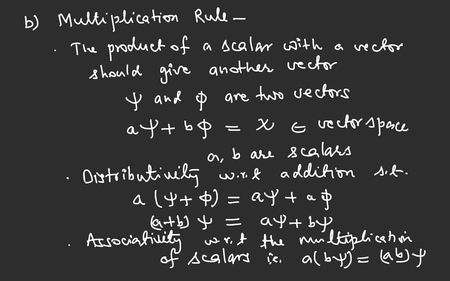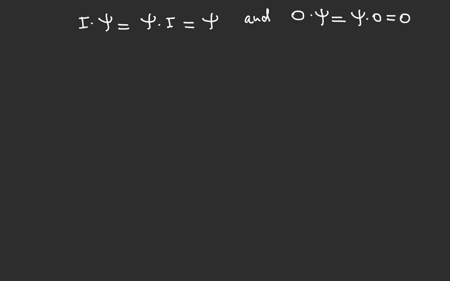And next, for each element psi under the multiplication rule, there must exist a unitary element I and a zero scalar such that I into psi is equal to psi into I is equal to psi, and zero into psi is equal to psi into 0 is equal to 0 vector.